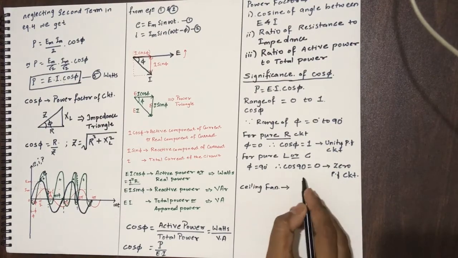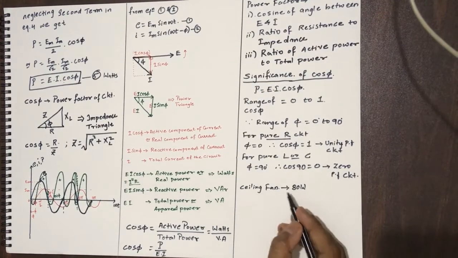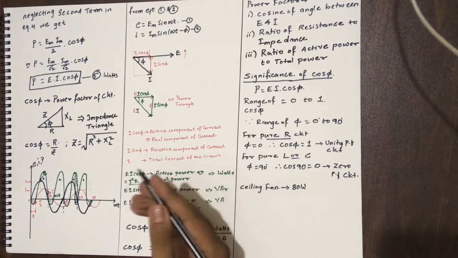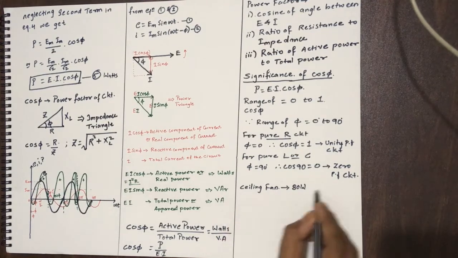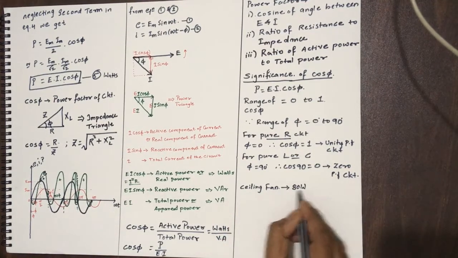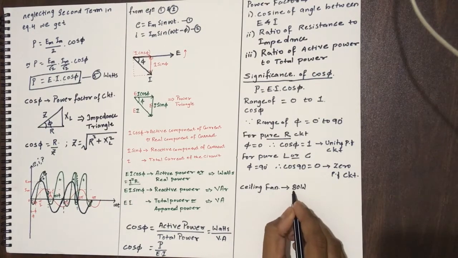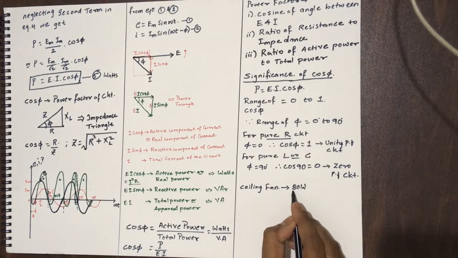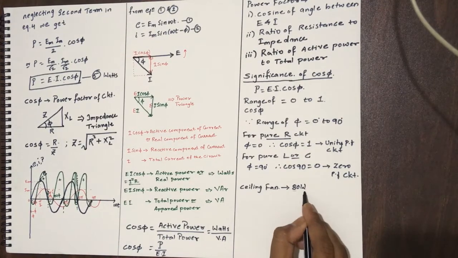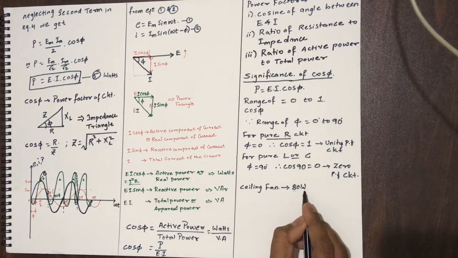The power rating of a ceiling fan is nearly 80 to 100 watts depending upon the manufacturer. Let us consider it as 80 watts. The power factor of this ceiling fan is varied in a range, keeping the power consumed by the fan at 80 watts, because the moment this fan is designed, the power delivered by this fan is fixed at 80 watts.